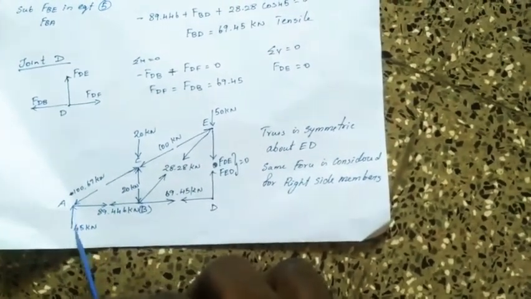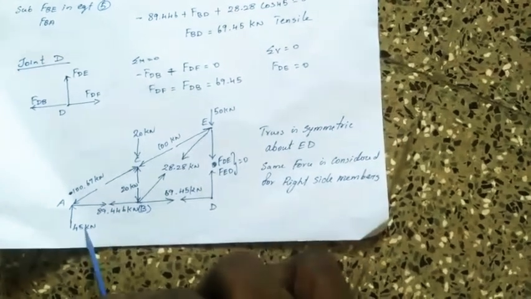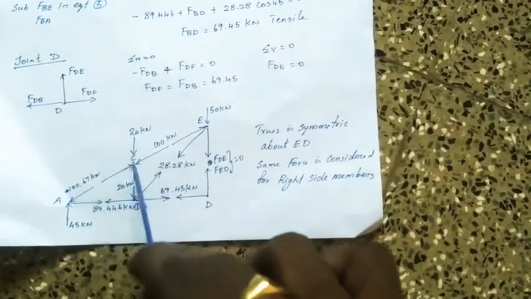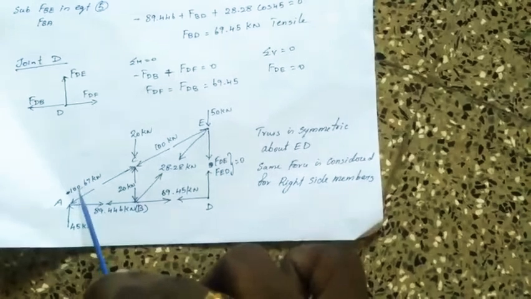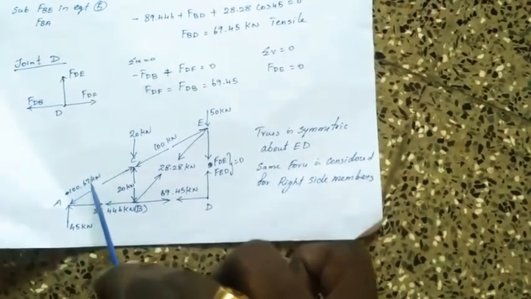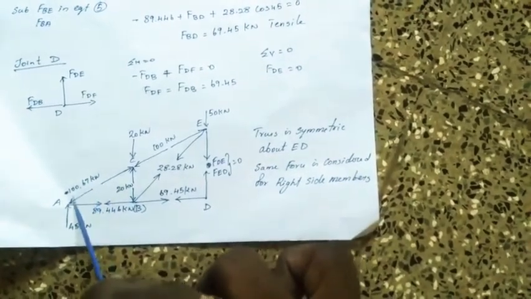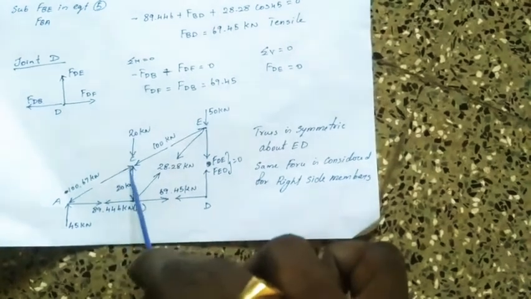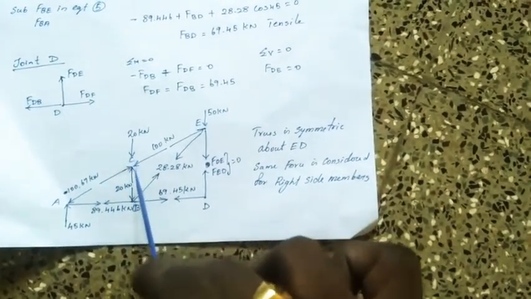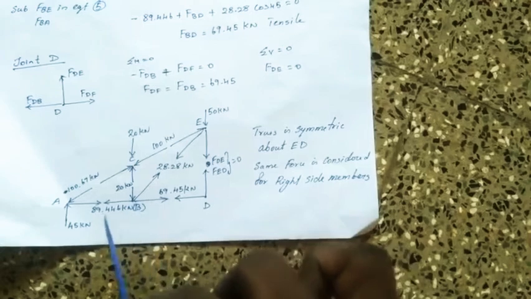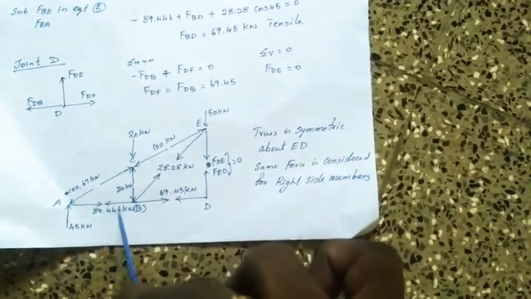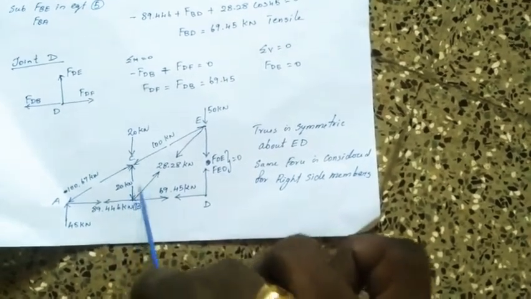At point A, we have a reaction force 49 kilonewton. On AC we have a compressive force, which is 100.67 kilonewton, acting towards the junction. Then we have applied force 20 kilonewton. Then in AB we have a tensile force 84.9446 kilonewton.